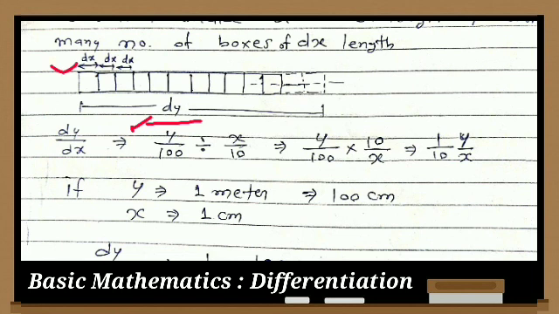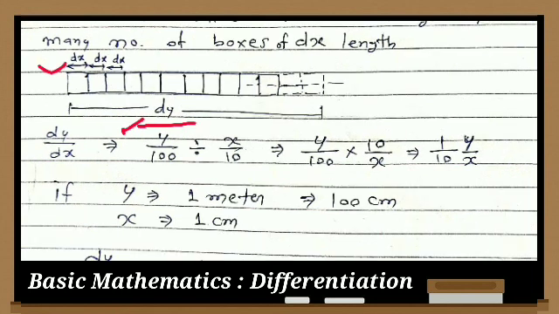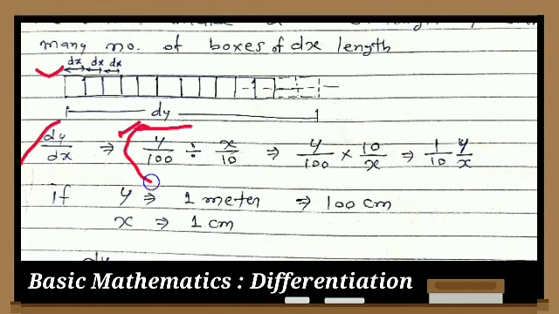Okay, we already found that y is equal to 100 into dy and x is equal to 10 into dx. Clear? So we can write dy by dx, and the value of dy is y upon 100, and we divide this value because there is a ratio of dy on dx.